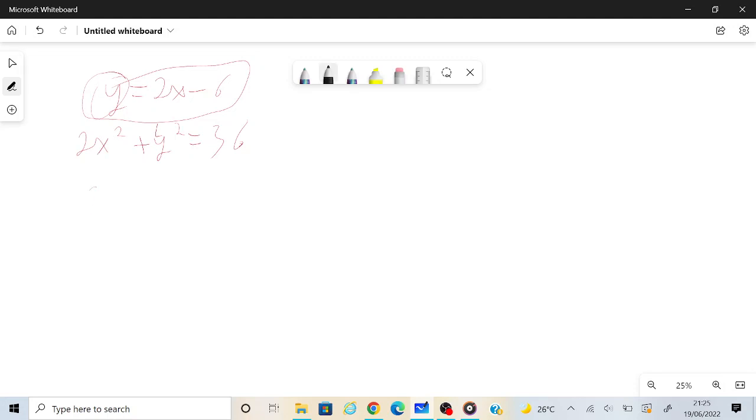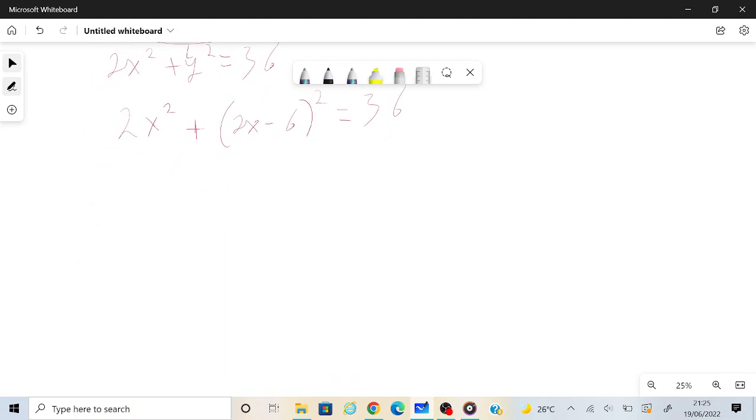So you just put this y into this y over here, into the y squared. So now you would have 2x squared plus 2x minus 6 squared equals 36. And now solve for x. So this would be 2x squared plus 2x minus 6 into 2x minus 6, which is the same thing as 2x minus 6 squared, equals 36.